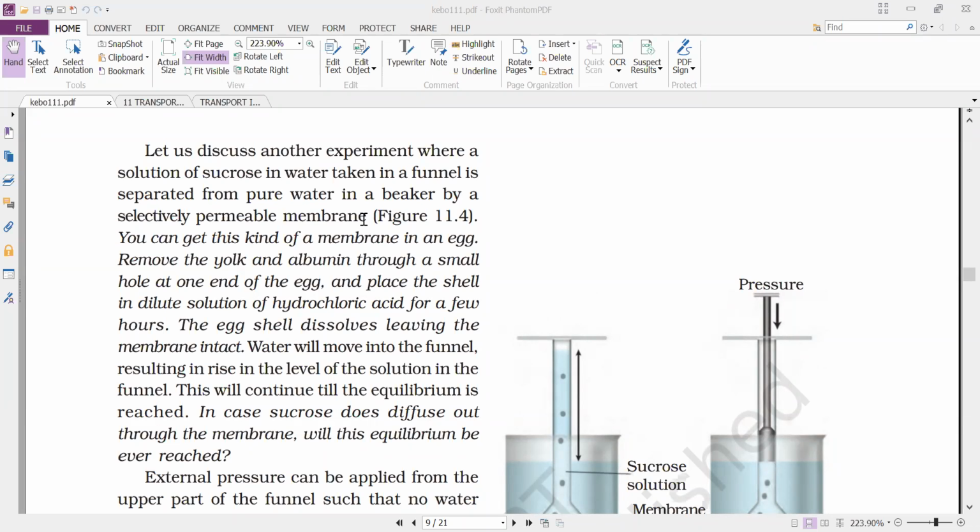Now make a small hole and carefully remove all the yolk from the egg membrane. Now you will get the egg membrane, which will act as a semipermeable membrane.